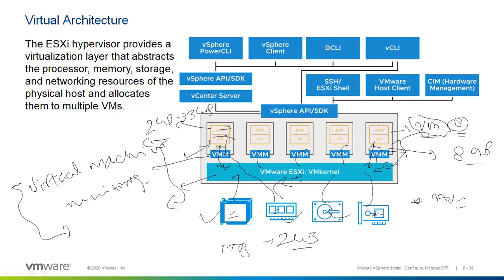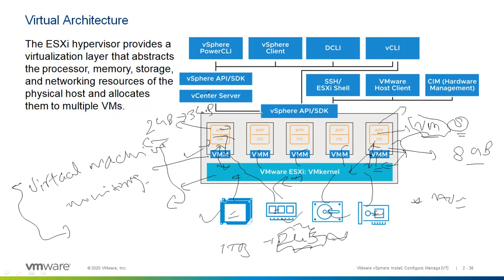Then it will throw an error in your vCenter Server recent tasks: sufficient resources are not available to power on this virtual machine, and the virtual machine stays in the powered off state. The VMM layer will ask the VM kernel for 8 GB of memory, but the hypervisor sees only 2 GB free at the moment, so it will not start that virtual machine, right?